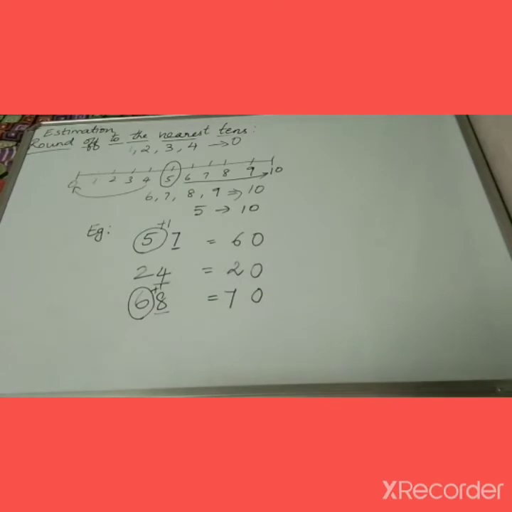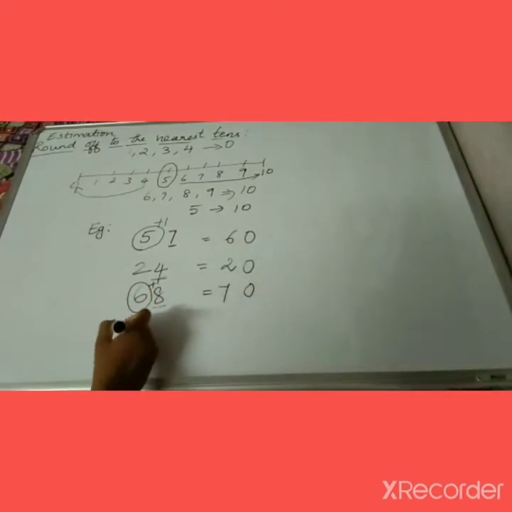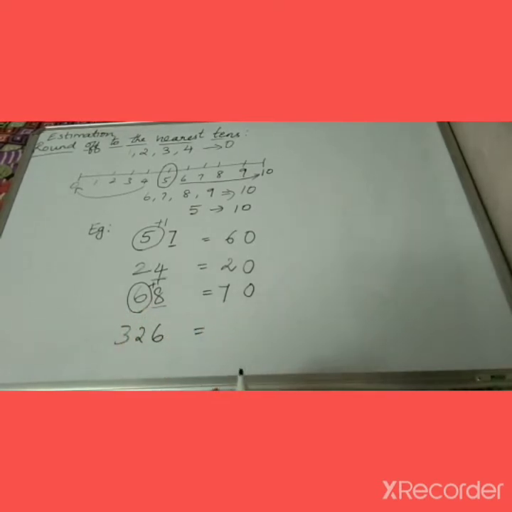Is it clear? Now consider any 3-digit number, 326. You have to round this off to the nearest tens. Here also in our ones place we will have 0. You have to look at the number in the ones place.